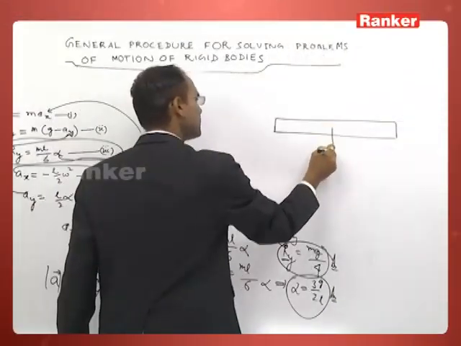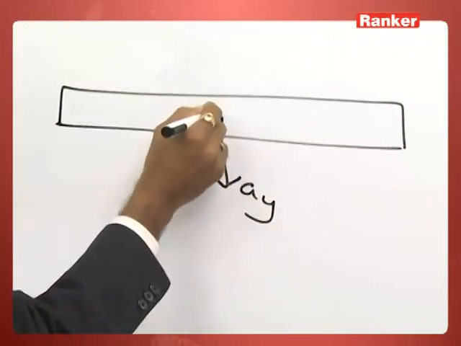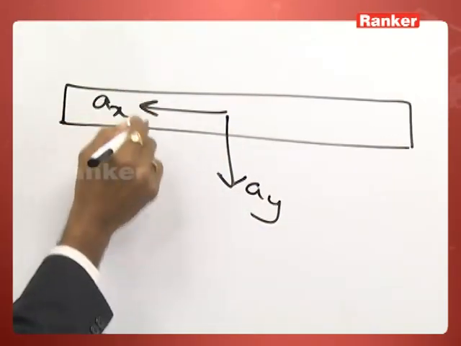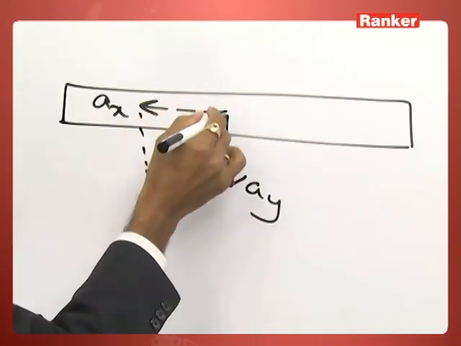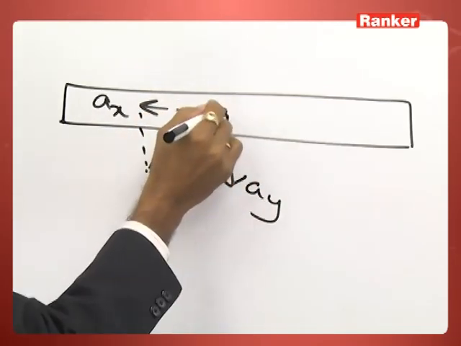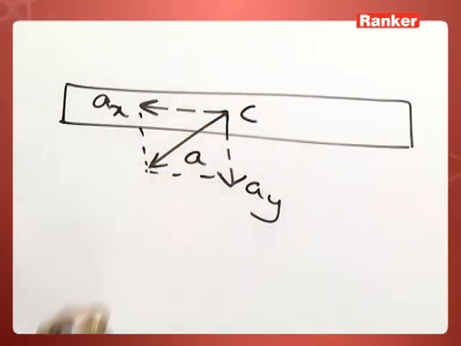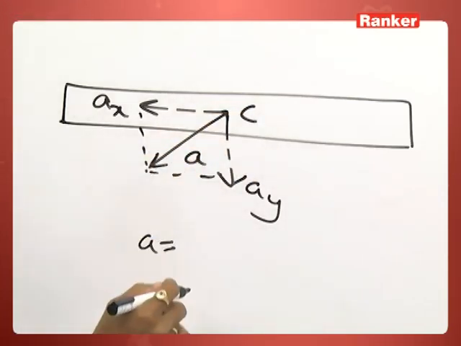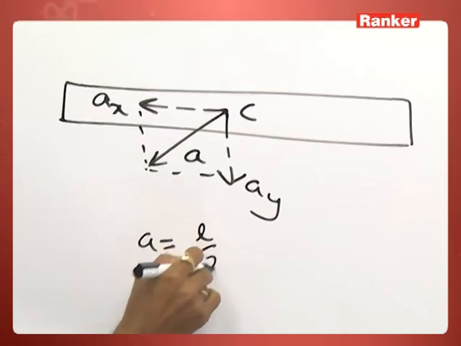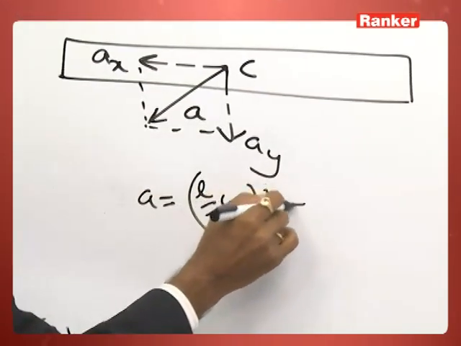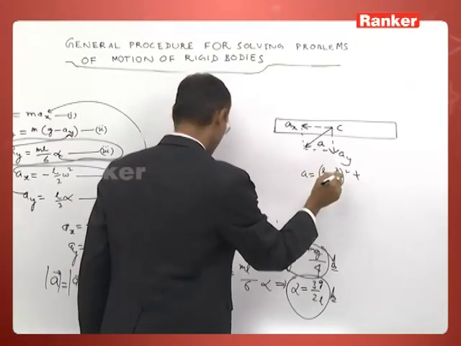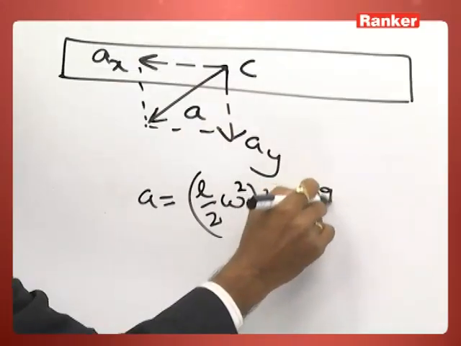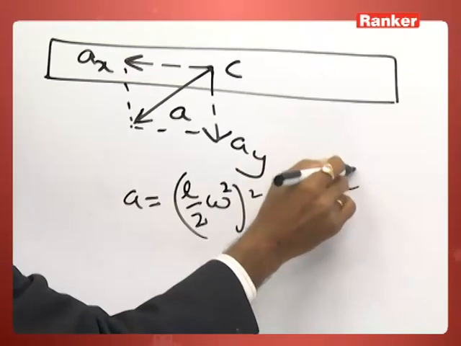Here we have the acceleration ay and this is ax. The net acceleration of the center of mass C is a. a is equal to the square root of L by 2 omega square, square of this, plus 3g by 4, square of this.